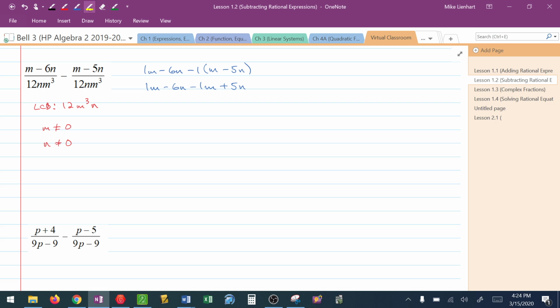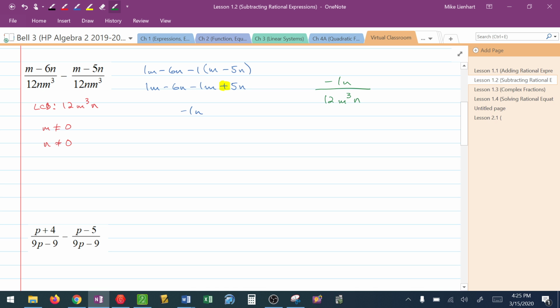And oftentimes right here is where people will end up making mistakes. They'll forget that they have to subtract both parts there. So if I combine my like terms here, let's see, the m's cancel out, and I'm left with negative 1n. I take that numerator, I bring in the LCD, and I'm left with negative 1n over 12m cubed n.